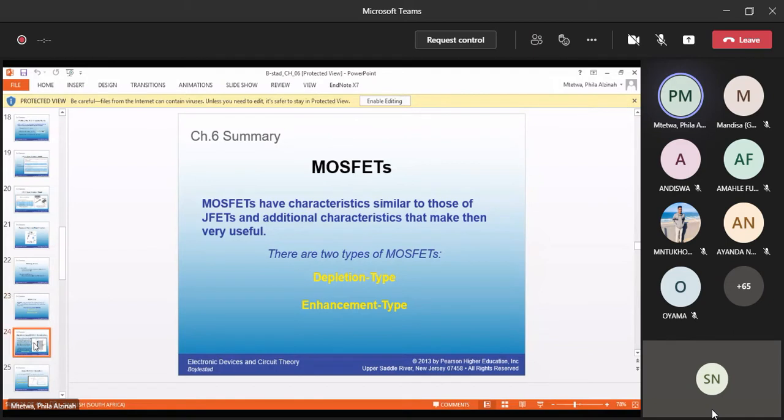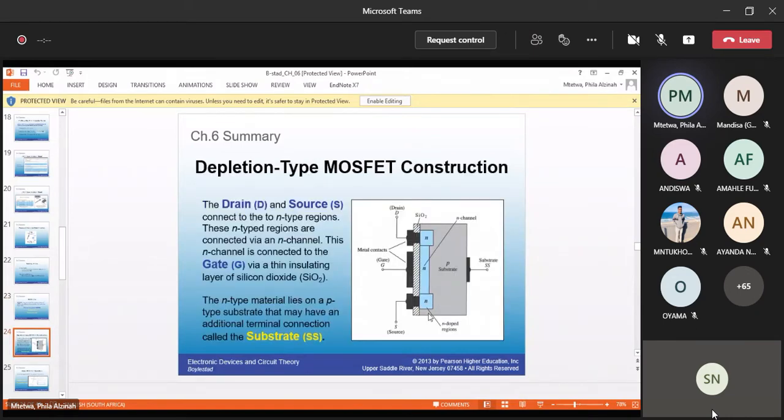Here's the block representation of your depletion type MOSFET. You have a P substrate there. And then we have N-doped regions, which are here. And you have your silicon oxide, and your metal contacts there, which are your drain, your gate, and your source.